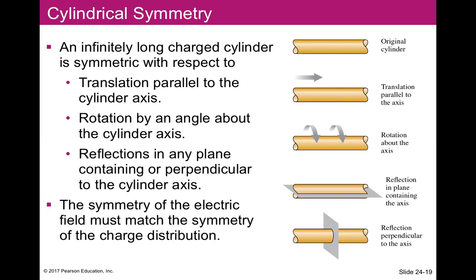So that's another symmetry of a cylinder, or cylindrical symmetry.